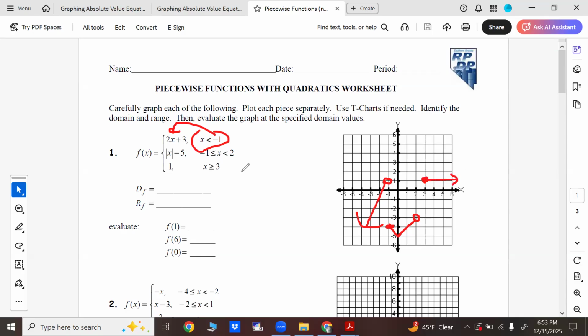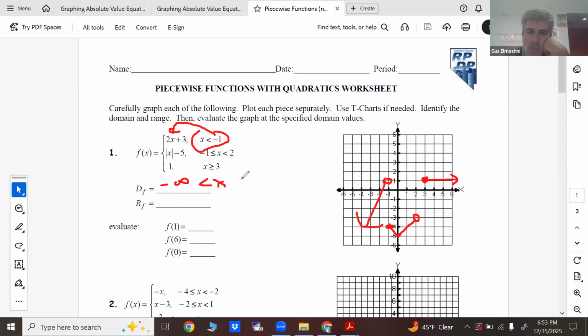So domain, obviously, there's nothing between 2 and 3. So we could say something like this here until we get to 2, or when x is larger than or equal to 3. The range, obviously, it hits a high point of 1. It goes down forever, so y is less than or equal to 1.